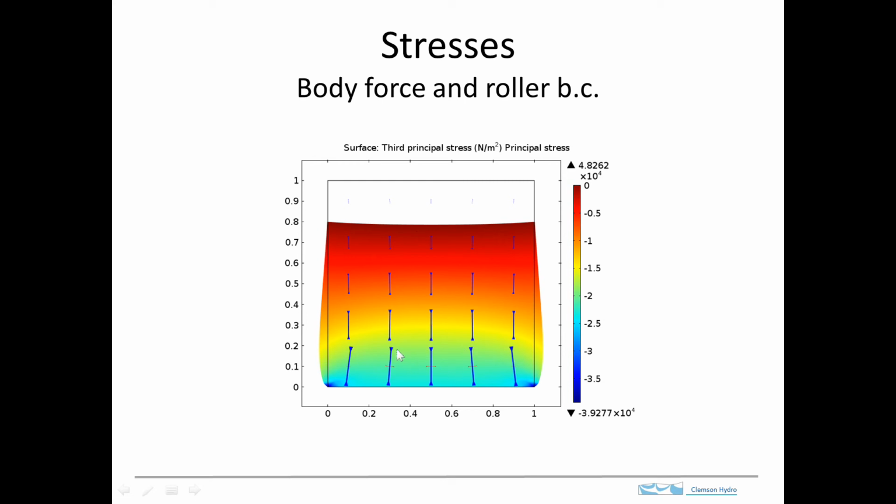And what's shown here with these arrows are the stresses. So the magnitude of the stresses is shown by the length of the arrow, and the direction of the stress is shown by the direction of the arrow. So we've got maximum compression vertically, and this arrow here is compression horizontally.